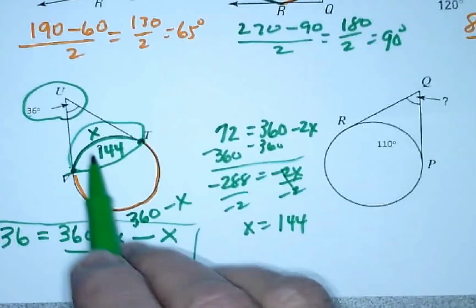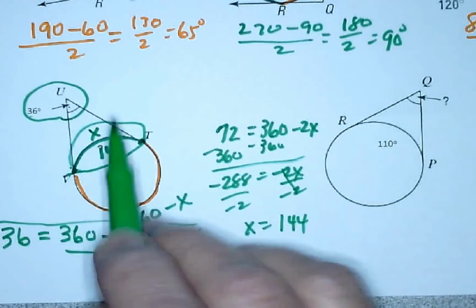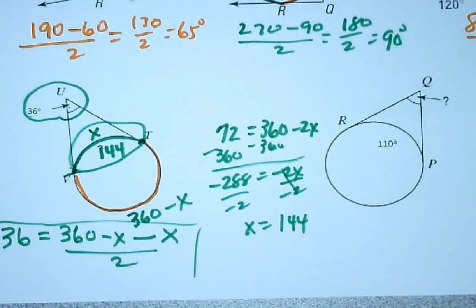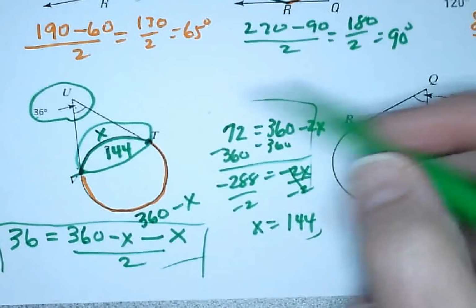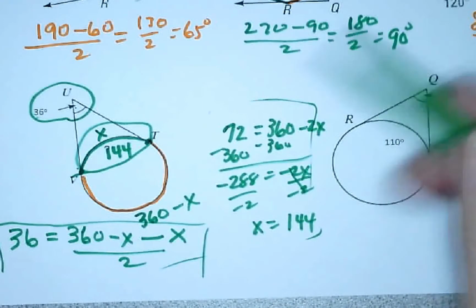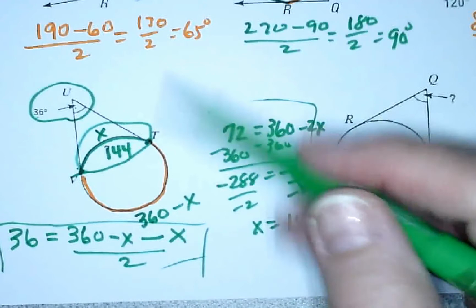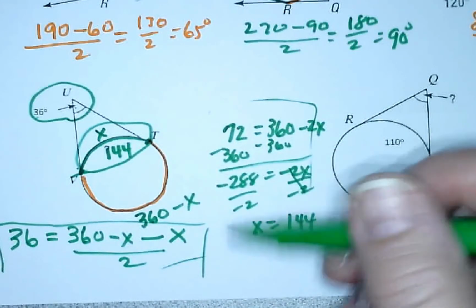Well, 36 and 144 also add up to be 180. So the outside angle and this one inside here will always add up to be 180. If you don't like that little shortcut, you can do all of this. Up to you. Okay? But it's just, again, something else to remember. But if you can remember, as in the case of all these other ones, if I subtract, find the difference, and then divide by 2, that will give me my angle.